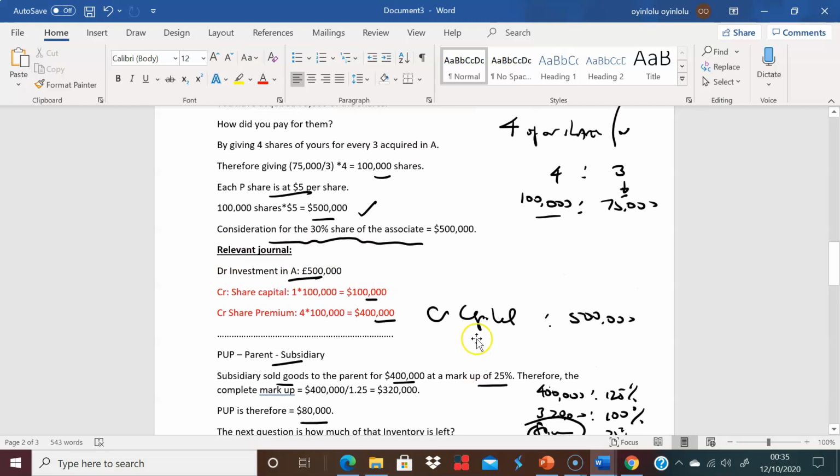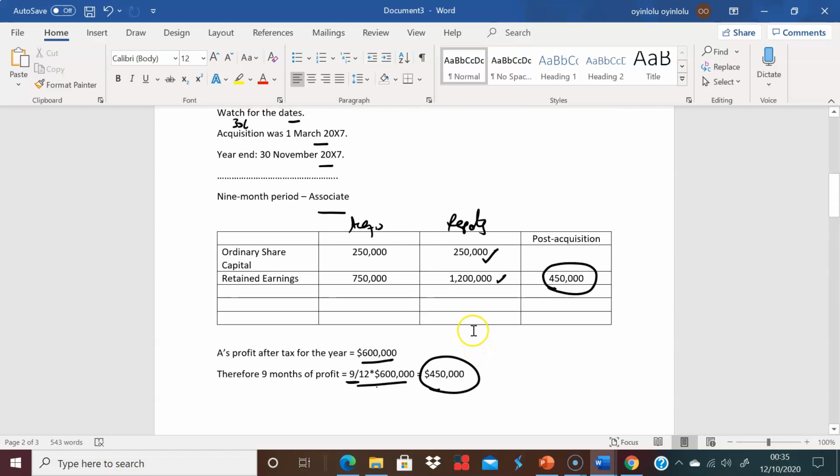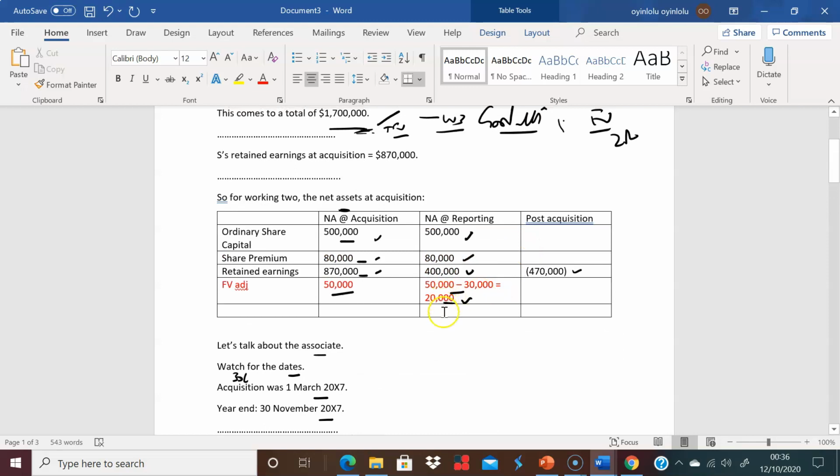So I need to come up here and deduct another 20,000. Oops, sorry, this is the associate I'm in. Need to deduct another 20,000 for the perp.